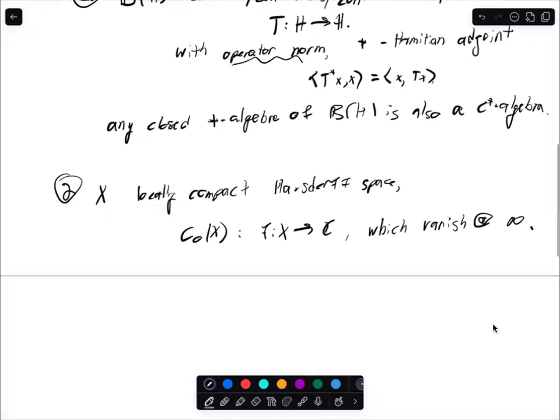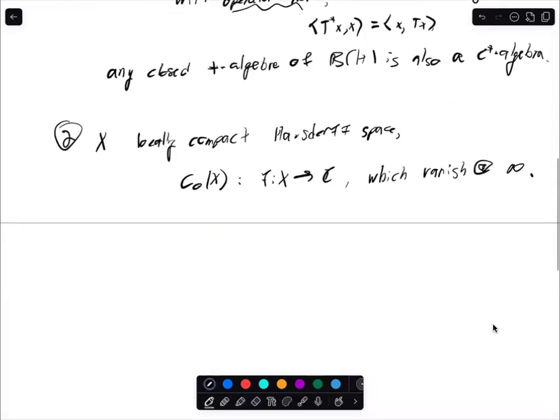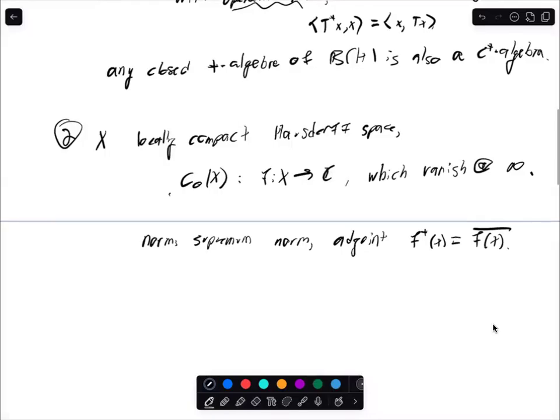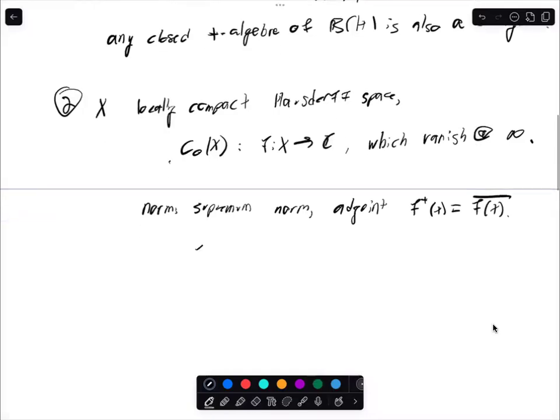The norm is actually given by the supremum norm. And the adjoint is given by f star evaluated at x is exactly just the function, but then you take the complex conjugate of it.